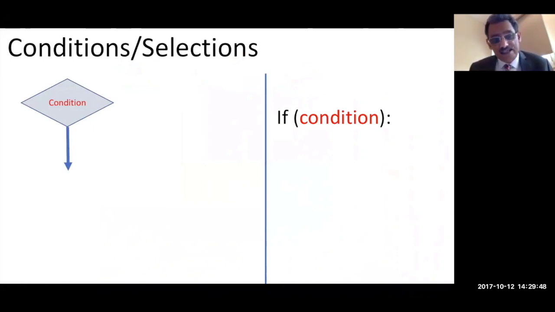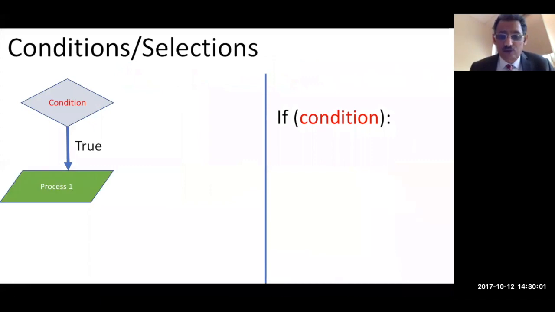Now, if the answer is yes or true, in Python the word True is used to say that the condition is true, then you do a process. That process can be anything, one line, a million lines. You can call other functions.